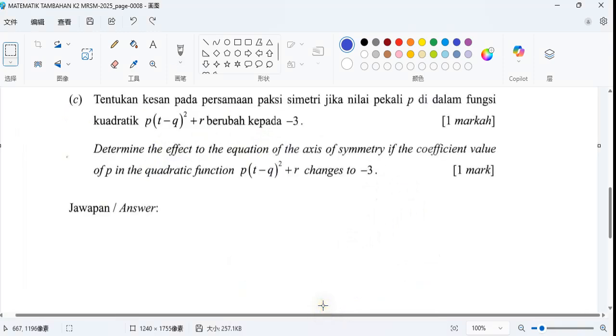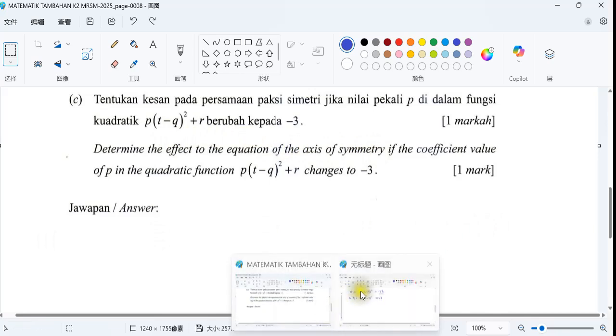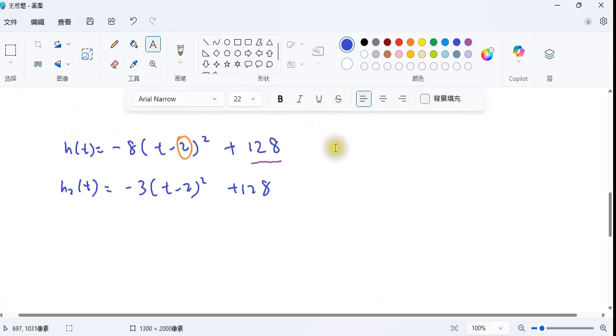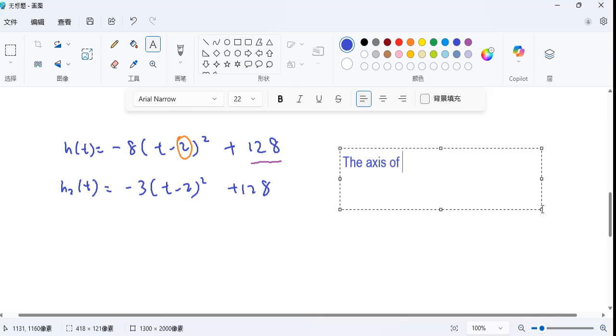Okay, what is the effect to the axis of symmetry? The axis of symmetry does not change. Okay, so the answer will be it does not change. So the axis of symmetry does not change.